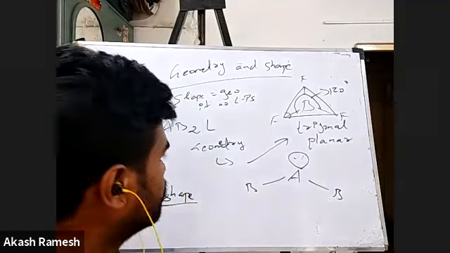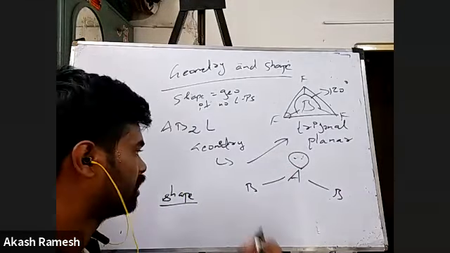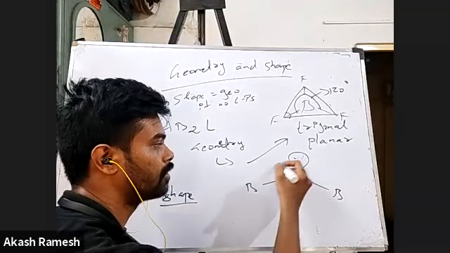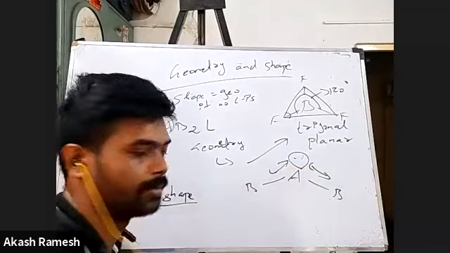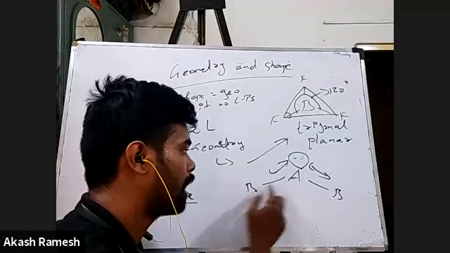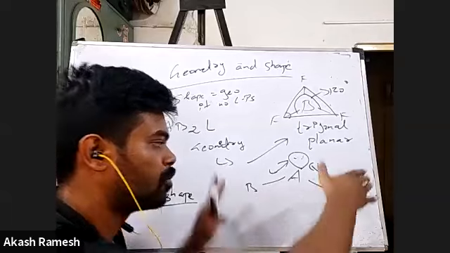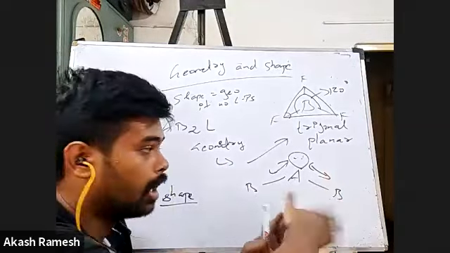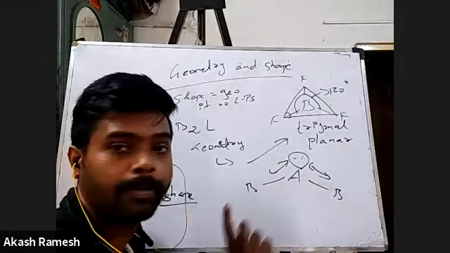Now see, because of this lone pair bond pair repulsion, what is going to happen? This bond and this bond try to come closer together. You can ask me, sir, bond pair bond pair repulsion is increasing.